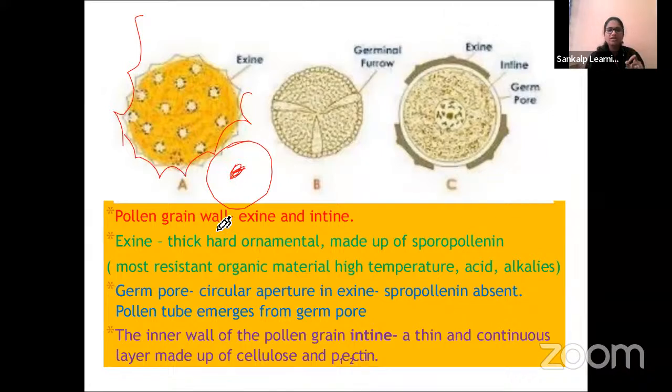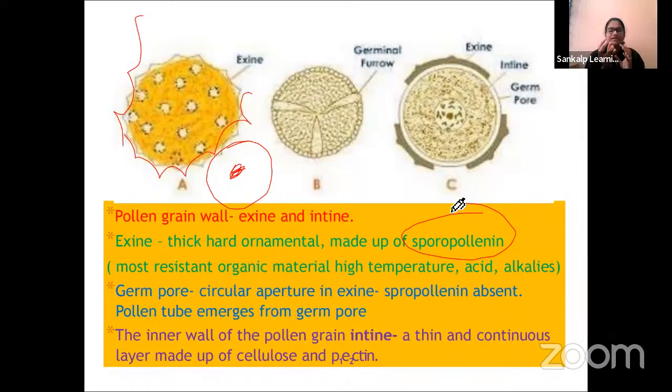See here, the pollen grain wall: we have two walls, exine and intine. Exine will be hard and made up of sporopollenin. Its specialty is that it will not harm the pollen grain even in high temperature, acid and alkali environment.